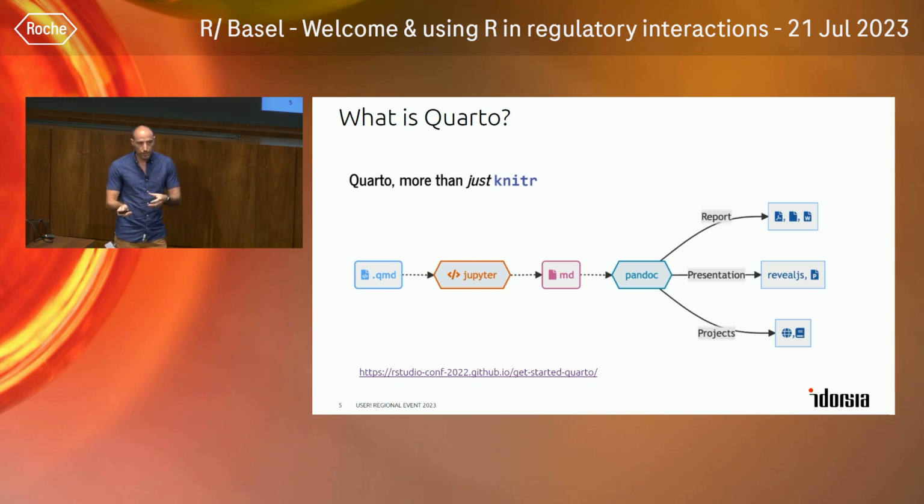Because if you have a different engine, you cannot share objects in the environment between Python and R. But with the R engine and reticulate, you can share Python and R objects. At first I tried with Jupyter.